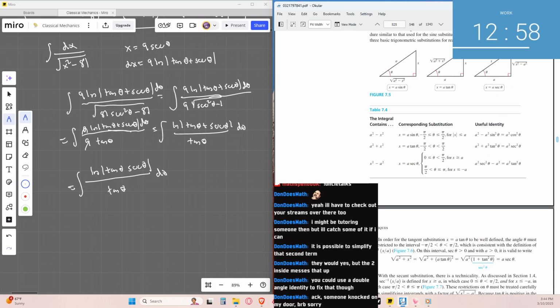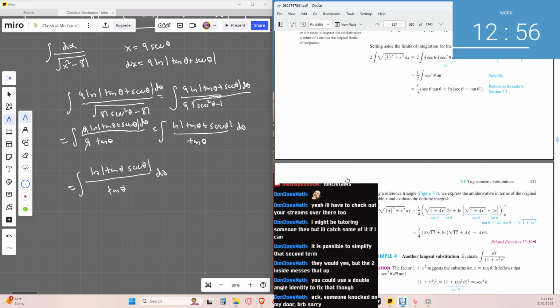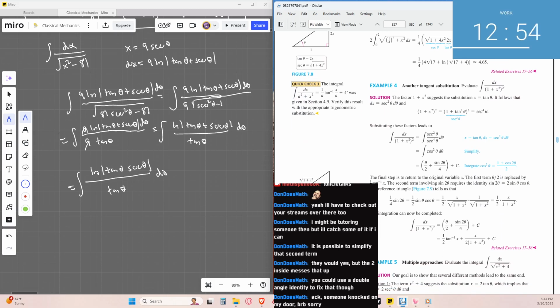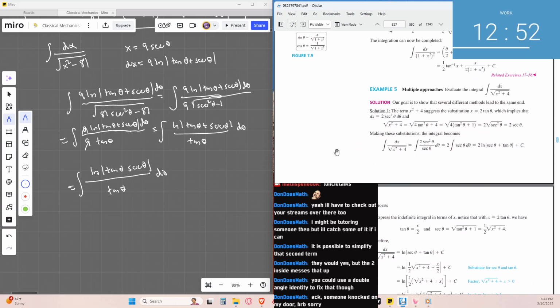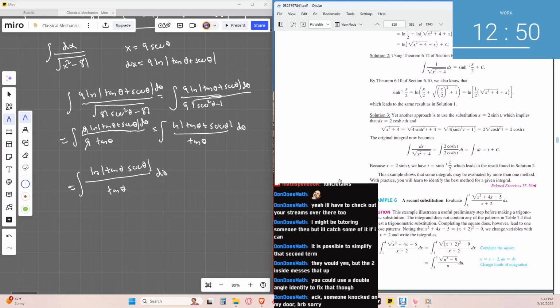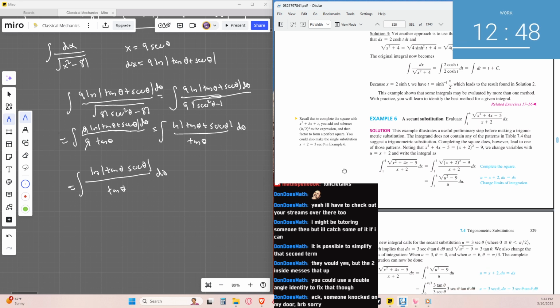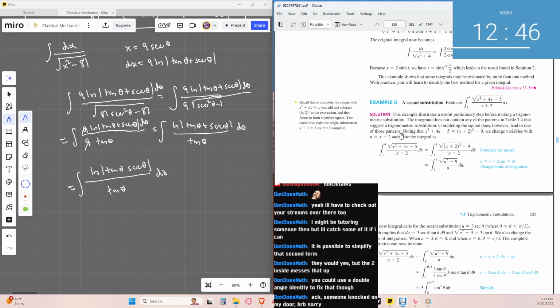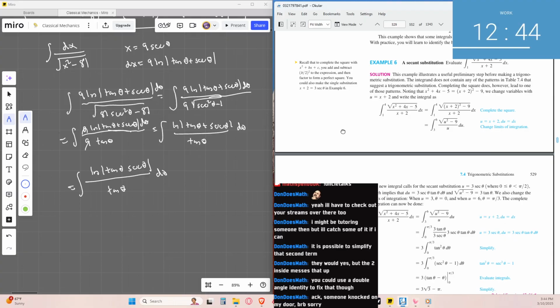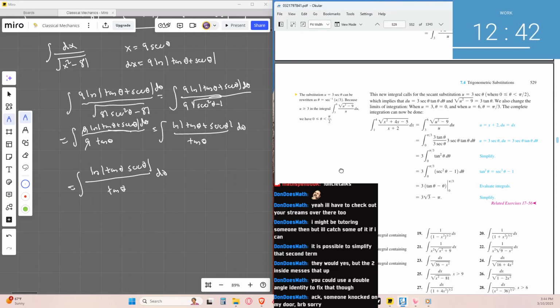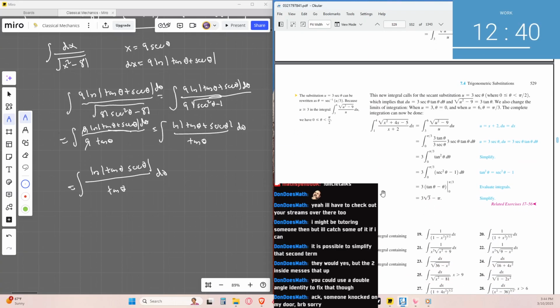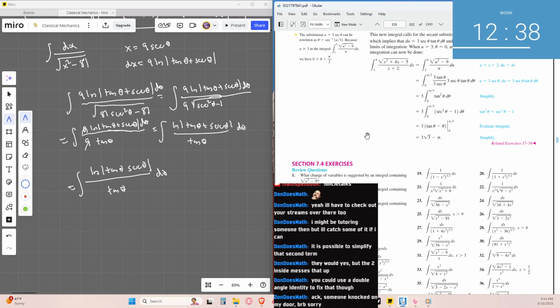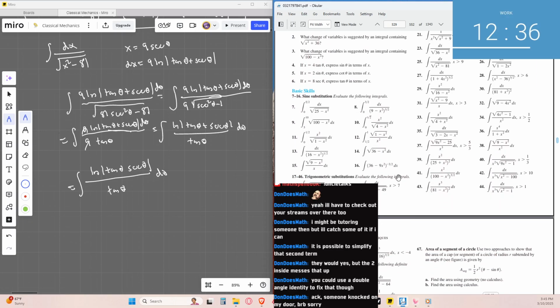No, I don't think they have an example for secant. I thought they had one with this type of scenario, but I guess not. Oh, here we go. Oh wait, secant substitution. No, that's pretty much not what I'm looking for at this point.